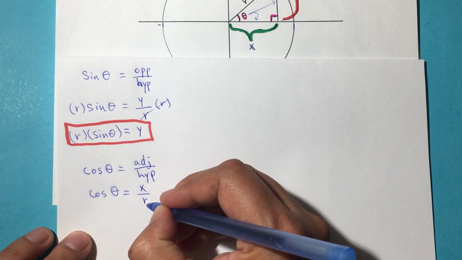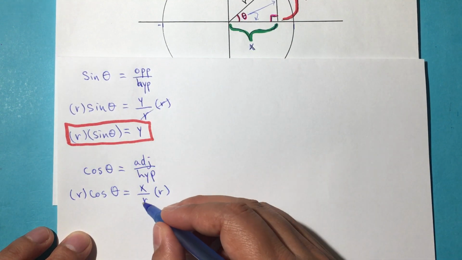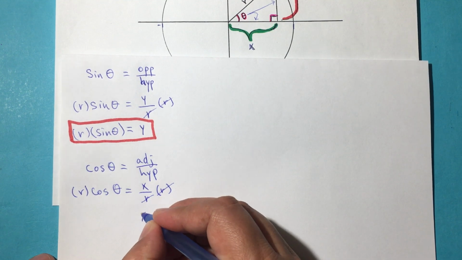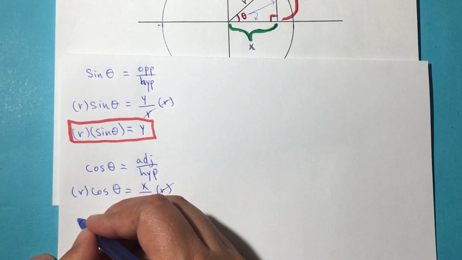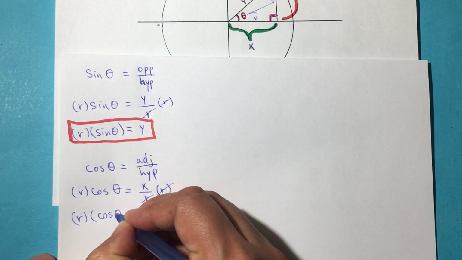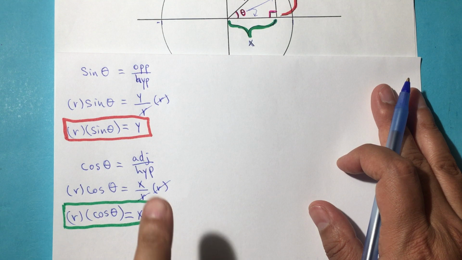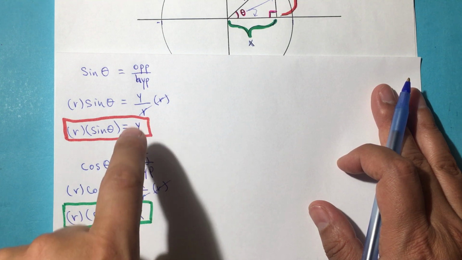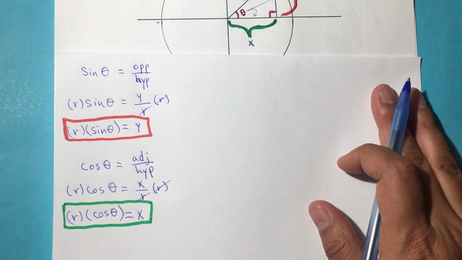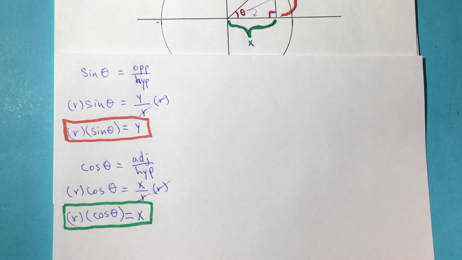If we're dividing by r, we are going to multiply by r. And again, we find that x is equal to the radius multiplied times cosine of theta. So that's how we find the values of x and y, leaving x and y by itself using what we learned for sine and cosine in this unit.